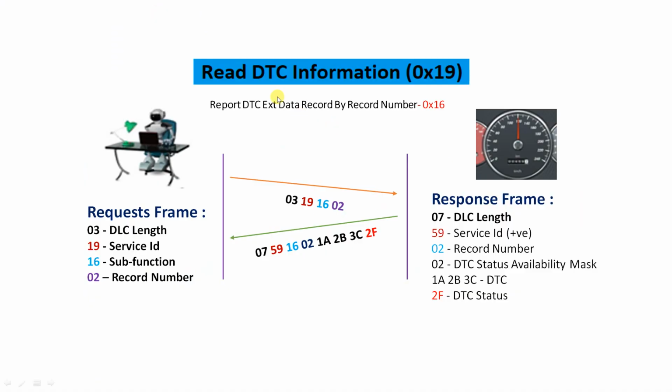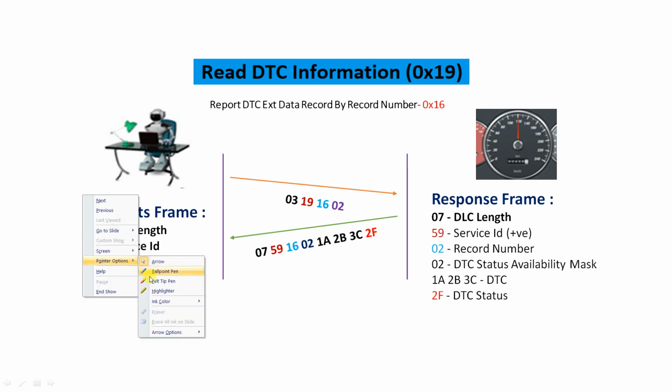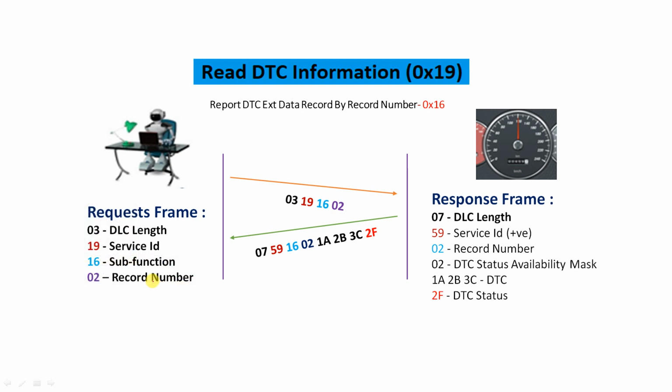So here we are retrieving the DTC by using record number. In the previous video, you may have seen the status mask, how we request the DTC with status mask. Similarly, you can request the DTC by record number. You also have to make sure that the DTC under this record number exists in your ECU, that is, there is a fault existing in the ECU, and only then will you get it. Otherwise you will just get a positive response, with nothing in the DTC place, and the status of the DTC will be blank.